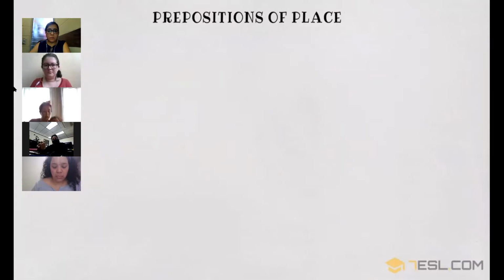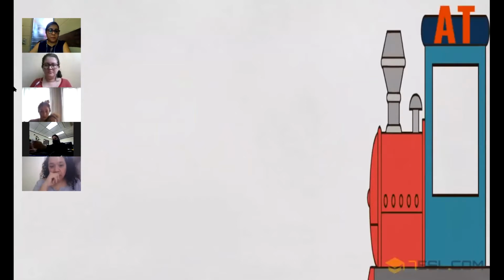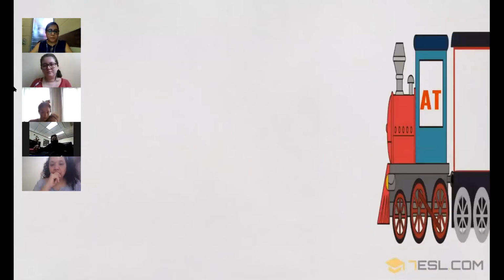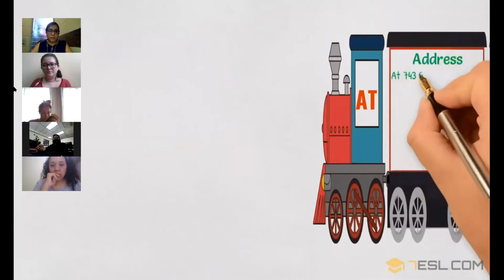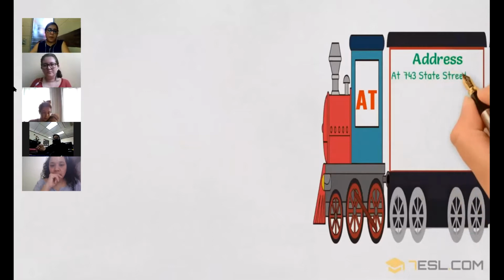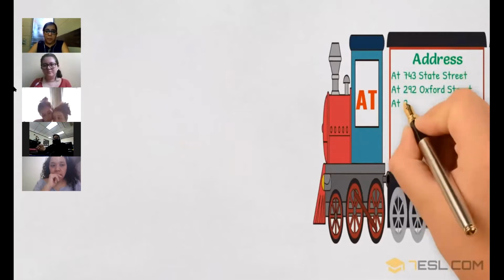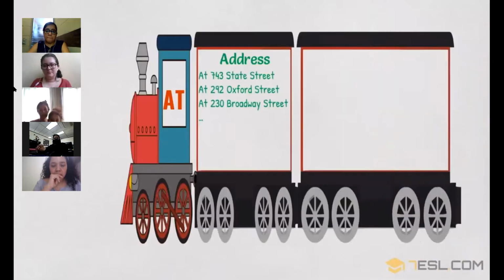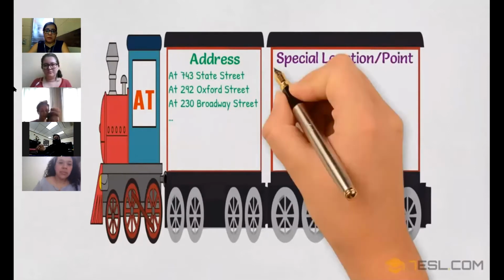Prepositions of place. At. Address. At 743 State Street, at 292 Oxford Street, at 230 Broadway Street. Special location or point.